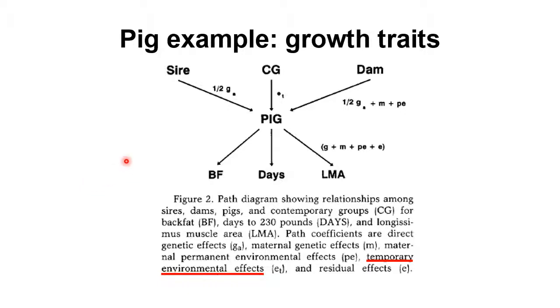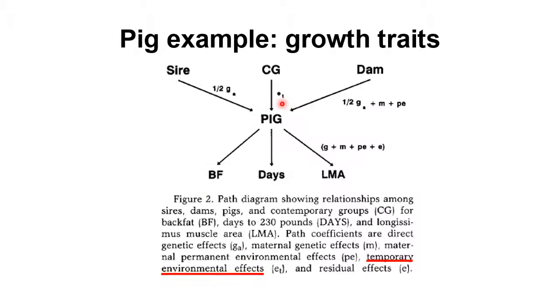In a pig example, just to show you a more complex model, obviously again half from the sire and the dam, we have the contemporary group deviation of each little piglet, but we have temporary environmental effects in terms of litter.